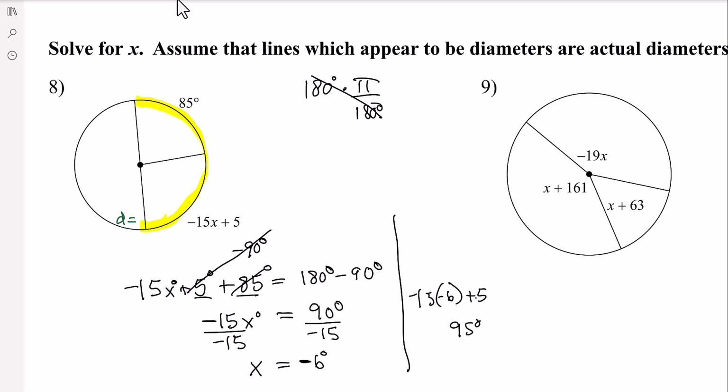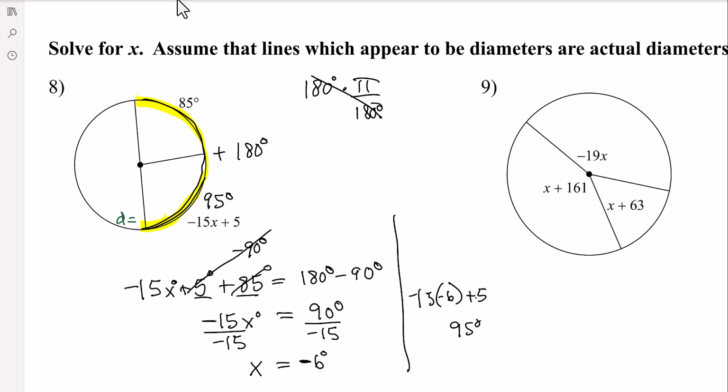That would be 95 degrees. And does 85 degrees plus 95 degrees equal 180? Because this big arc right here is a semicircle, which those two added together should equal 180 degrees.